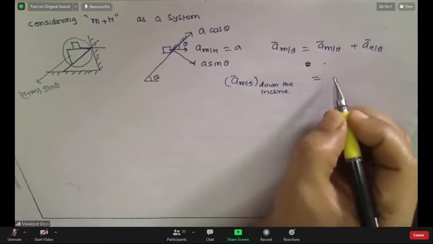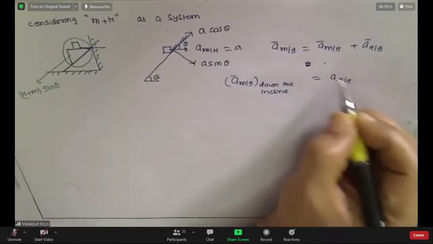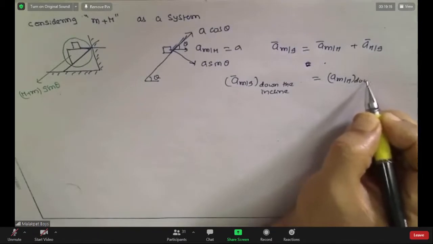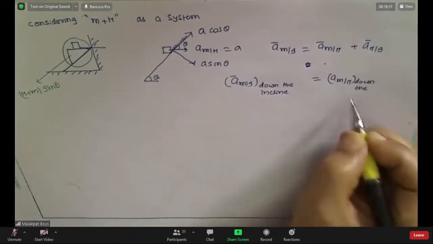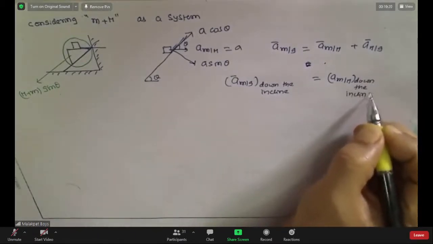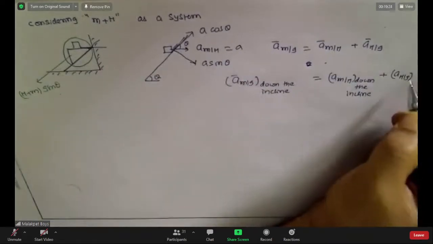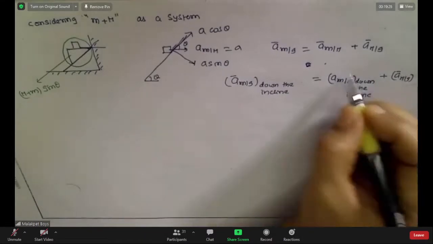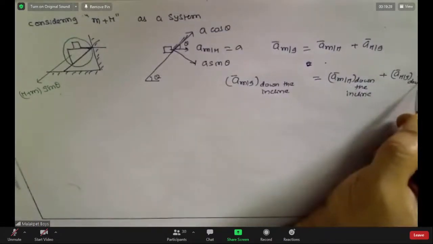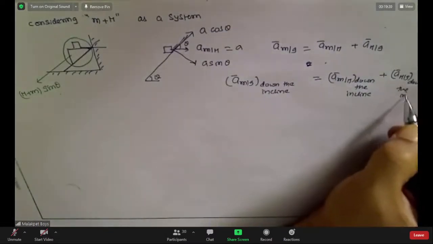What is the acceleration down the incline? Plus, down the incline. Do you agree with this?